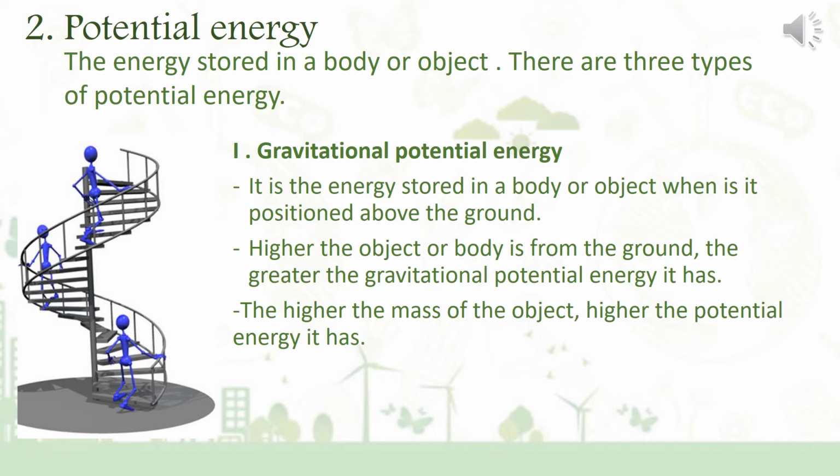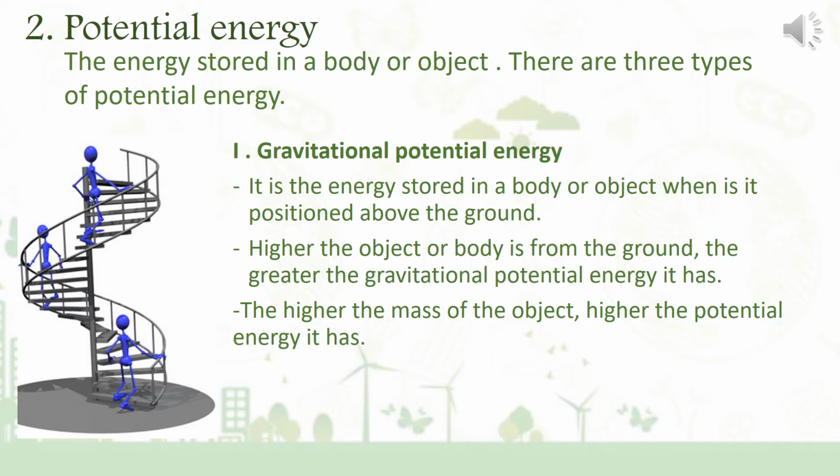Not only that, now think, if we are taking two objects away from the ground upward, two objects with two different masses, one having 2 kilogram and the other having 4 kilogram.